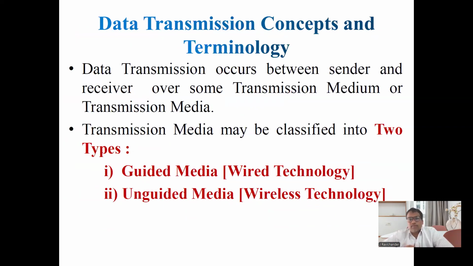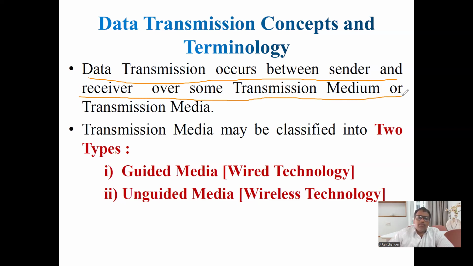Next, another one is data transmission concepts and terminology. What are the different types of mediums we use in data transmission? That we will discuss. Now, data transmission occurs between the sender and receiver over some transmission medium or transmission media.